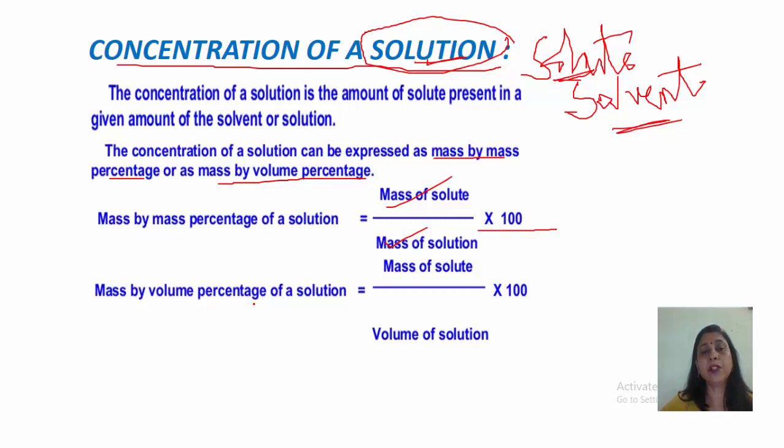Mass by volume percentage is mass of solute upon volume of solution into 100. You have to learn these two formulas. They will be used for solving the numericals.